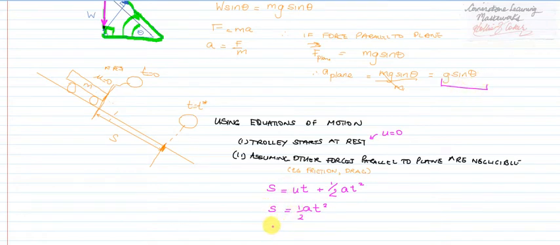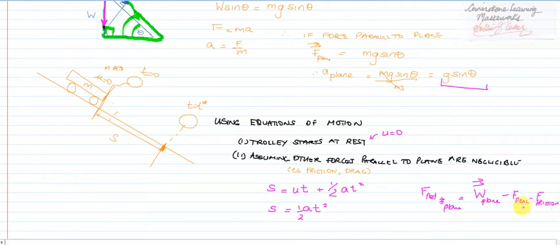Since the other forces down the plane, normally the total force parallel to the plane, would have been equal to the weight component parallel to the plane minus drag minus friction. Drag might be the fluid and friction might be at the axis of the wheels. But since these are both 0, we assume them to be negligible.